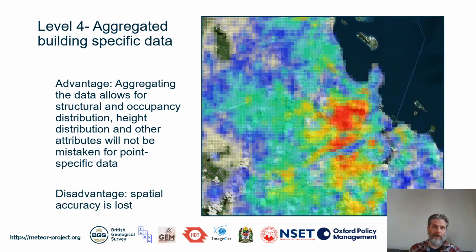Likely it won't, and it might not have any information on the vulnerability. So you would take that OSM data, aggregate it to that gridded level, and then on top of that, perhaps come up with a structural distribution of the vulnerability attributes that are available on a gridded basis or on a neighborhood basis, and then apply those to those grid cells.